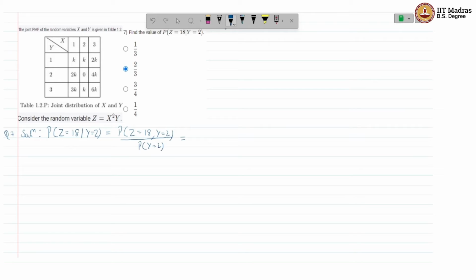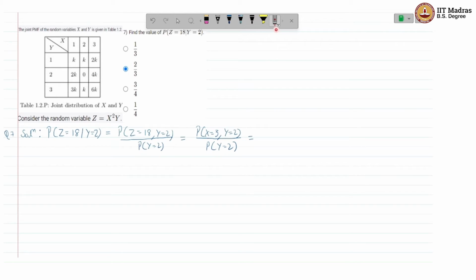And when y is equal to 2, z will only be 18 when x is equal to 3. So the joint probability that z is equal to 18, y is equal to 2 will be equal to the joint probability that x is equal to 3, y is equal to 2 divided by marginal y is equal to 2. Now for calculating the marginal, we'll sum all the probabilities of this row.